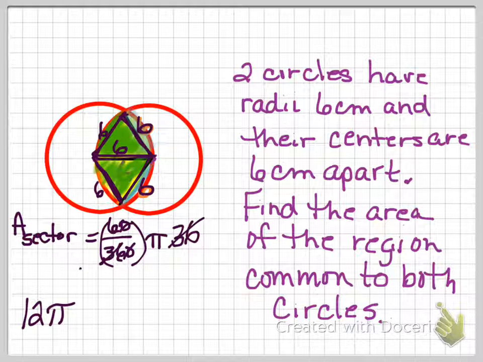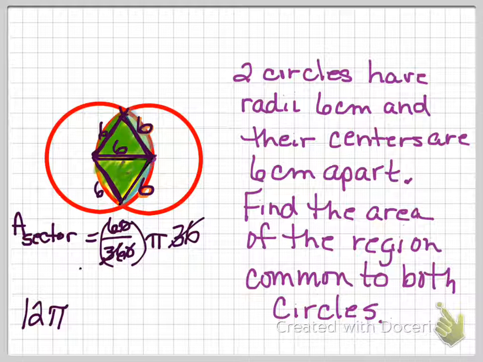So now I want to find the area of my segments. To find the area of my segments, I'm going to take this sector and subtract one of the triangles.